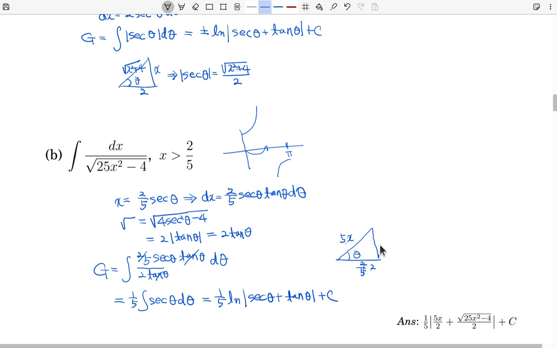Then, from the Pythagorean theorem, that length must be the square root of 25x squared minus 4, right? And here tangent theta is the ratio between this one and that one, so this one over that one. That's exactly this one.